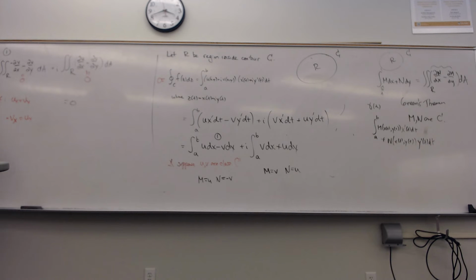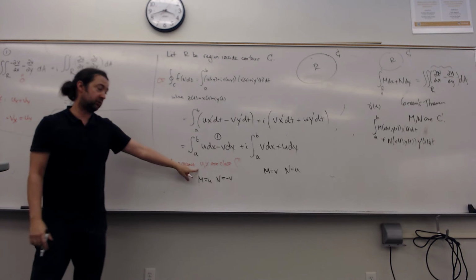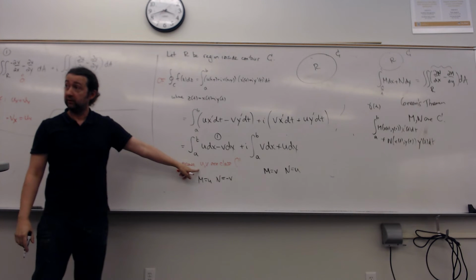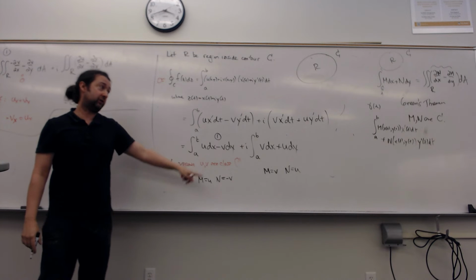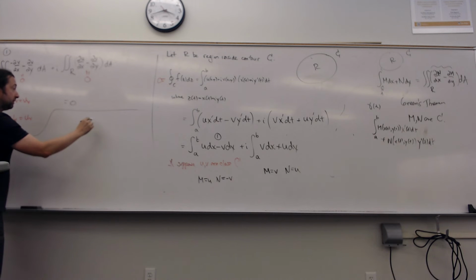Now what Goursat did, if you really want to know the hard version of this that does not assume u and v are class C1, you can look in the big Rudin real and complex analysis book, which is a gnarly proof. You can look in the Marsden complex analysis text, and it's the same kind of argument.